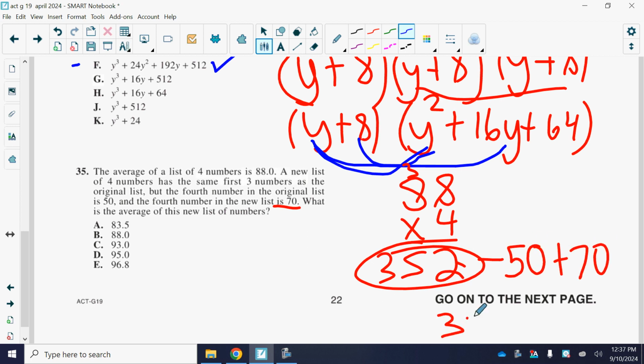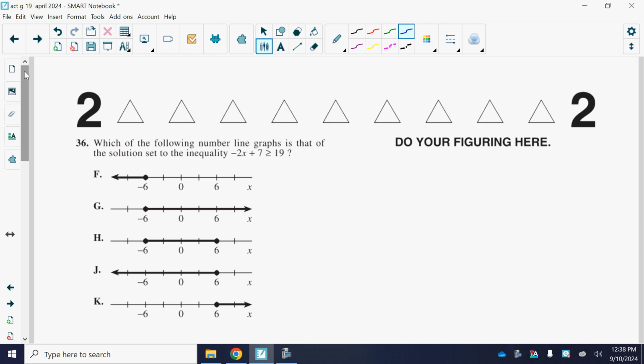That's adding 20 to the total. So the new total is 372, and the average is 372 divided by 4, which will be C. Smart people: the difference is 20, that's how much you're adding, divided by 4. So you're adding 5 to the average. That's how you get 93 faster.